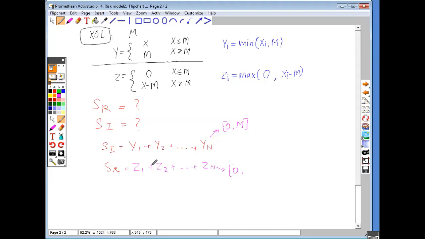X minus M. My X can essentially go on till infinity, so my X minus M would be, in theory, going till infinity. So I know that my Z can take values from 0 till infinity.